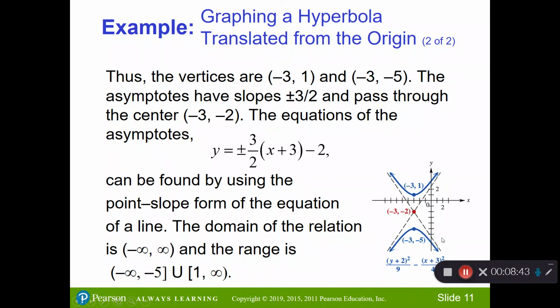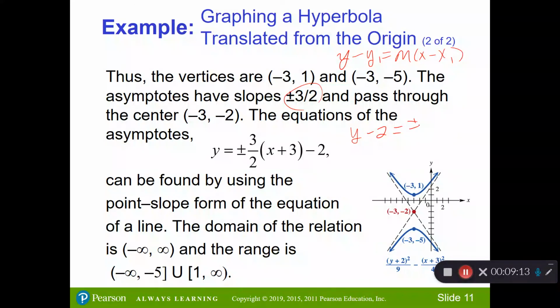All right, now, the equations of the asymptotes, if you remember our point slope form, y minus y1 equals the slope times x minus x1, point slope form of a line. So we're passing through that vertex. So we're going to go y minus 2 equals that slope, which is the ratio of the square root of what's under the y divided by the square root of what's under the x.